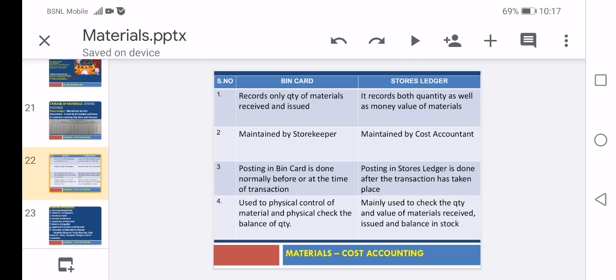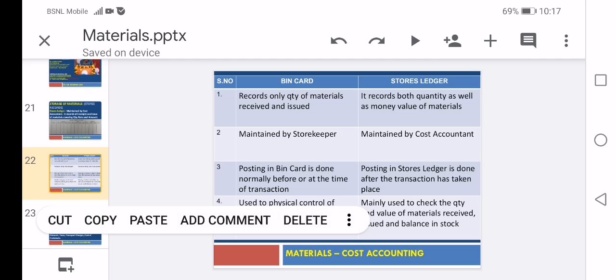In the case of stores ledger, it records both quantity as well as amount. In the previous slide, in the pro forma stores ledger, it is shown that minimum 3 columns are maintained in the stores ledger.